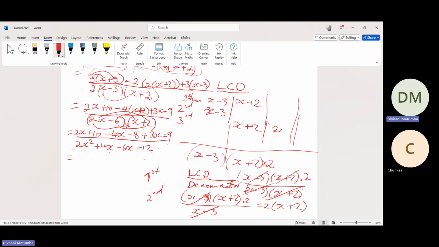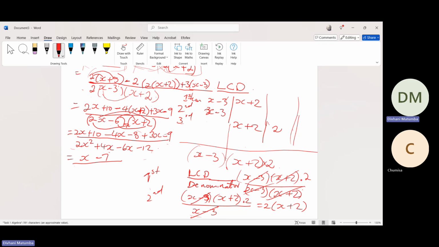Minus 2 plus 3x is going to be x. Perfect. All right. Now 10 minus 8 is going to give us 2. Then 2 minus 9 is negative 7. Now let's go to the denominator.